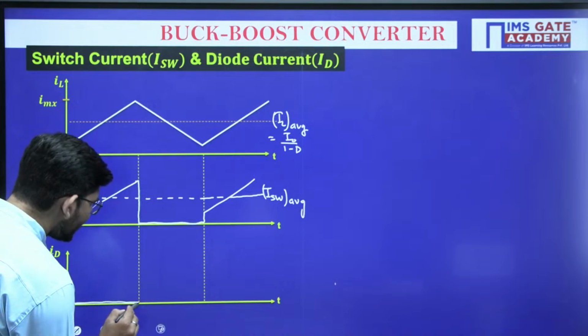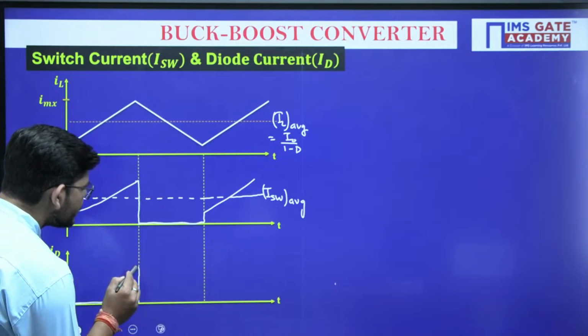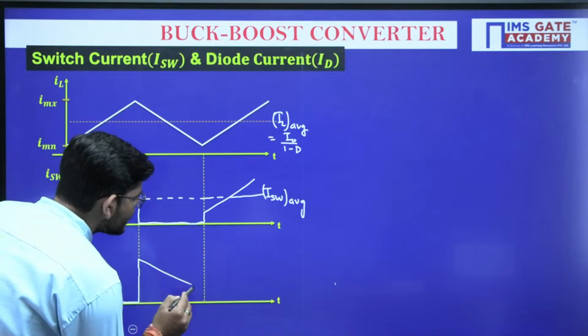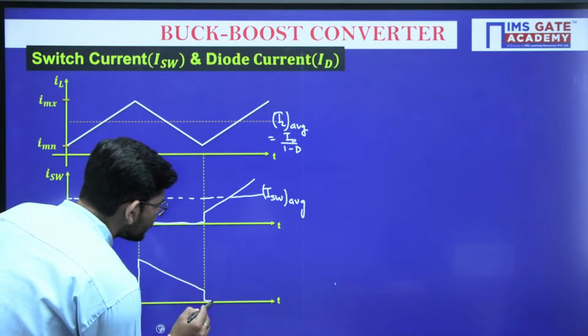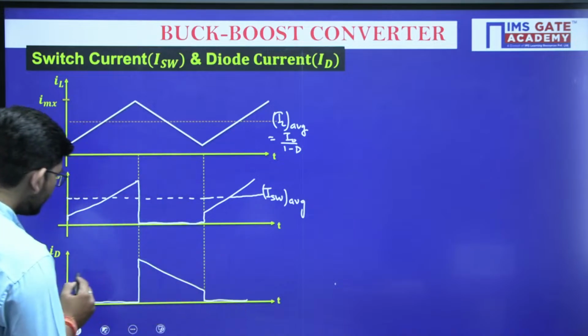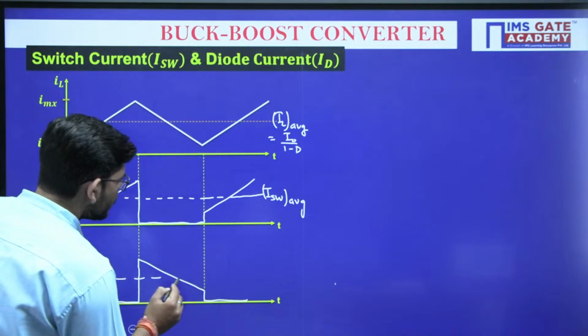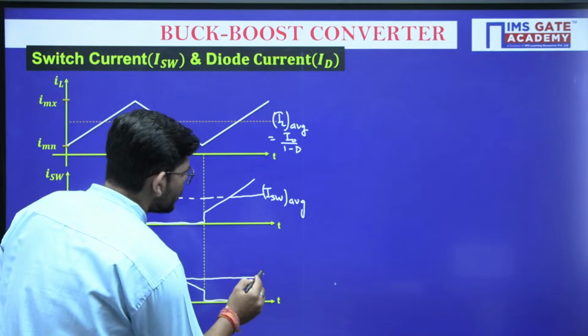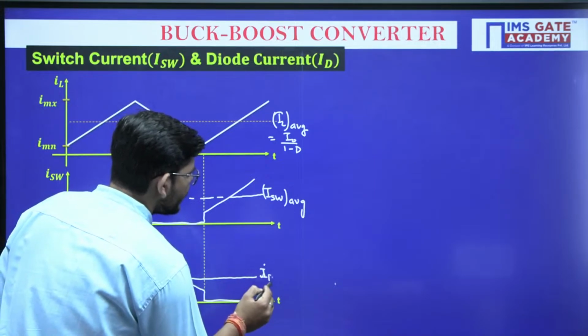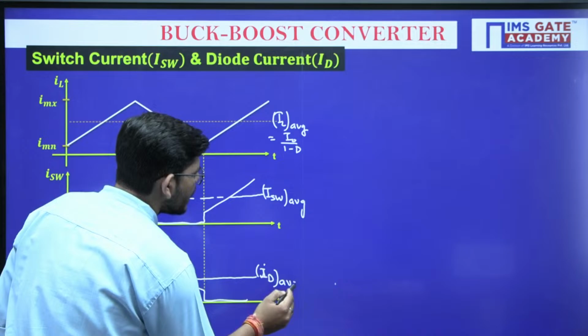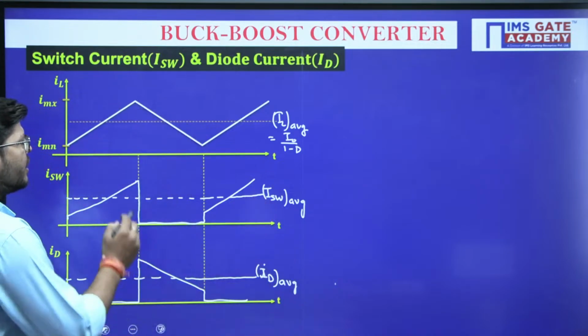During the off time, it will have the same shape as the inductor current. This is how we draw the diode current, and let me call this the average diode current.